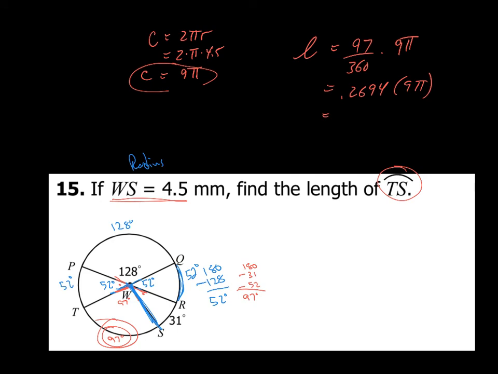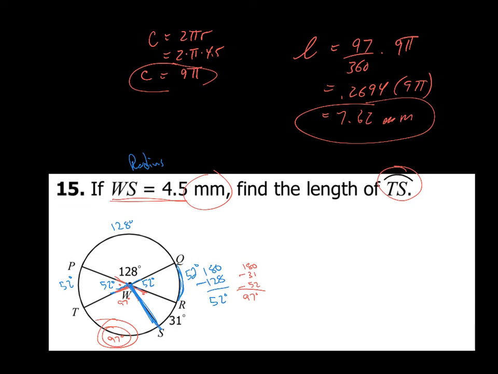And when I multiply that times 9 pi, I get an answer of 7.62, approximately 7.62 millimeters. So that's a reasonable final answer for the length of TS.